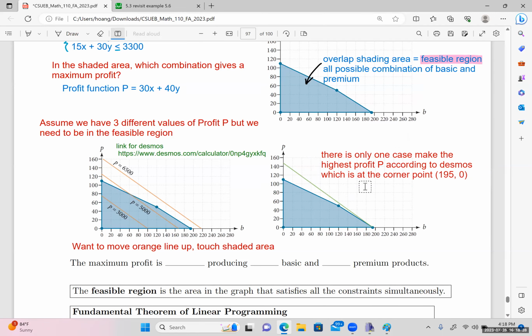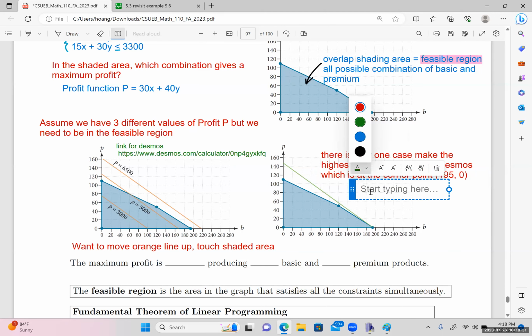We will make at this point our max profit. Our profit will be P equal to 30x, where x now is 195, plus 40y, right? 40 times 0.